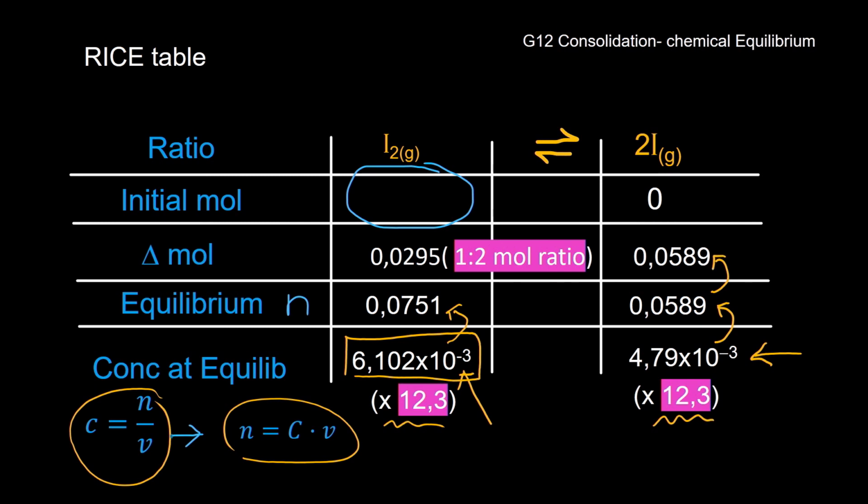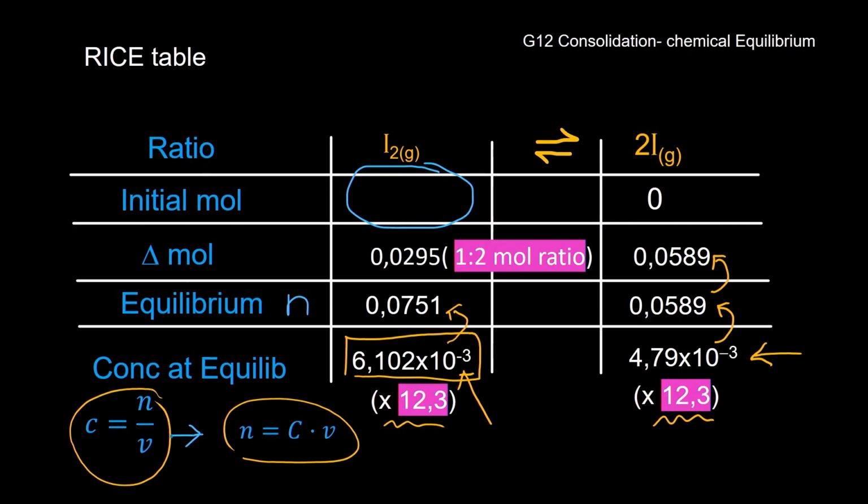How many moles of iodine molecules are used up? Well, we need to use our ratio. So our ratio, as we've said before, is 1 to 2. And so if we take the number of moles that have been formed through equilibrium, we divide it by 2, we can then get this answer here using the ratio.